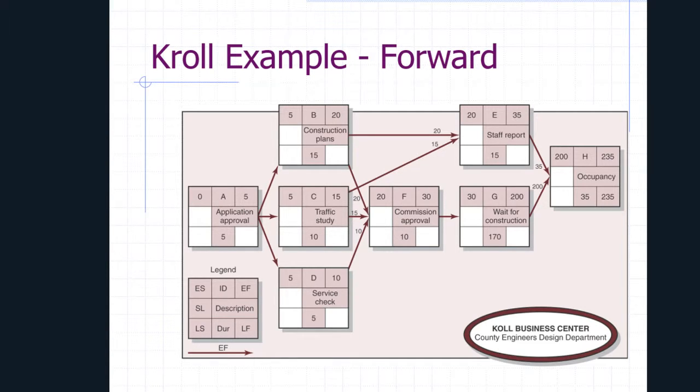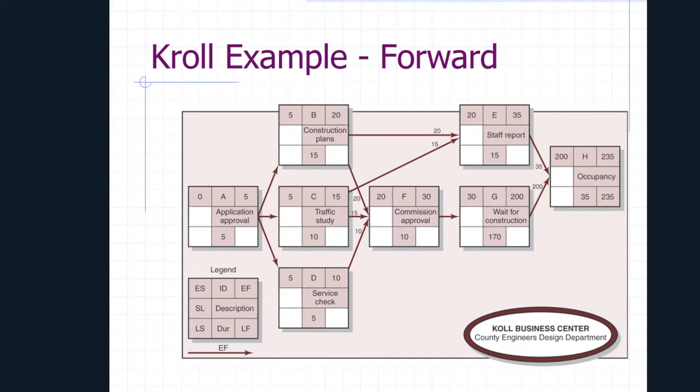And then we've said, well, it starts at 0, it has a duration of 5, so the earliest it can finish is going to be 5. So on that top row we have 0, A, the identifier, and then 5 as the earliest finish value for that particular activity. We then do exactly the same thing with every other activity in the network.